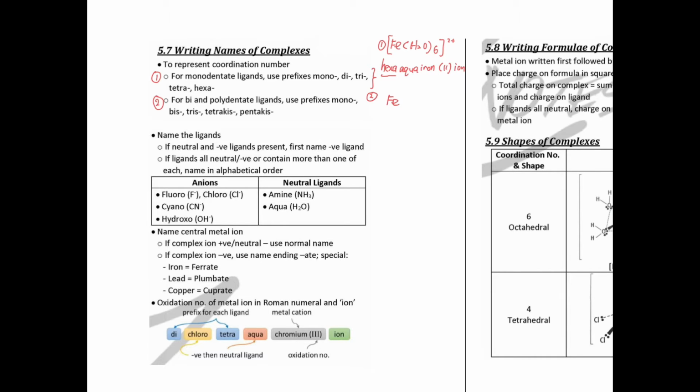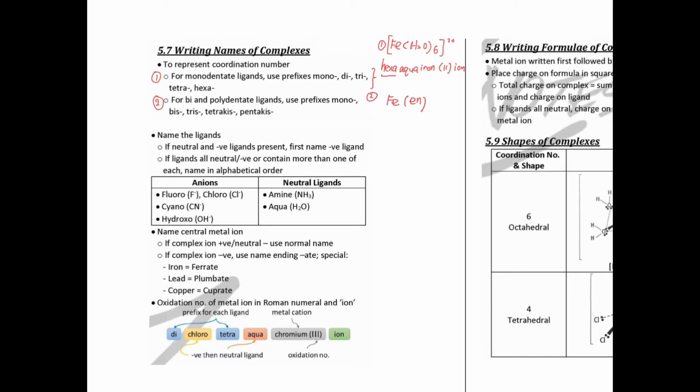Okay, I need a bidentate now. If you remember just now on page 2, there is a bidentate which is ethylene diamide. The short form is en.